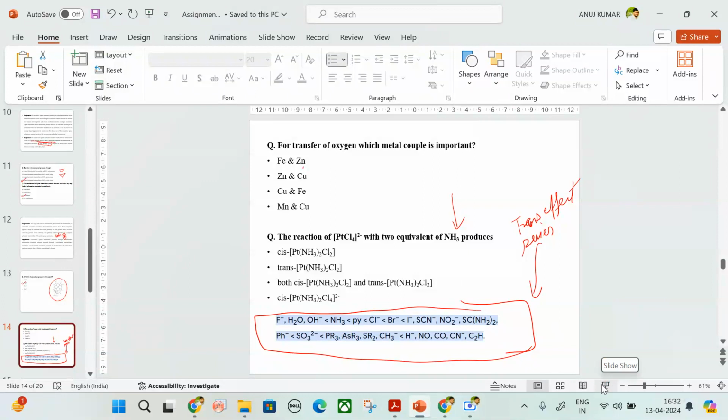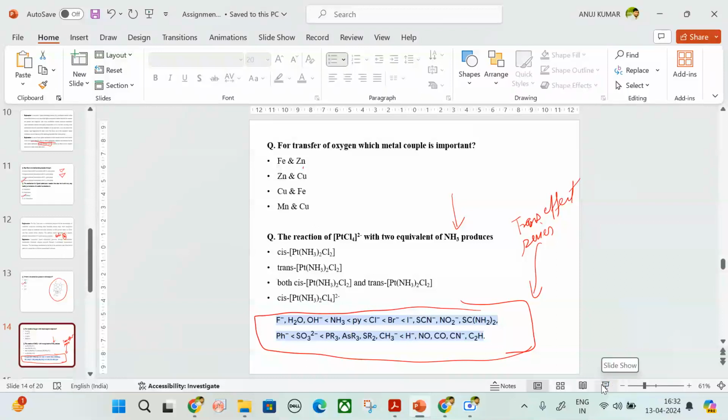Zinc is a redox inactive metal, basically present in the carbonic anhydrase enzyme that facilitates the reaction of carbonic acid formation in the body. And copper makes structures like hemerythrin and hemocyanin that are basically involved in oxygen transfer.